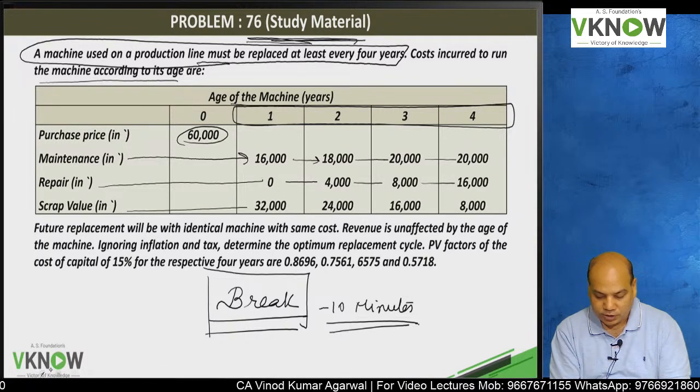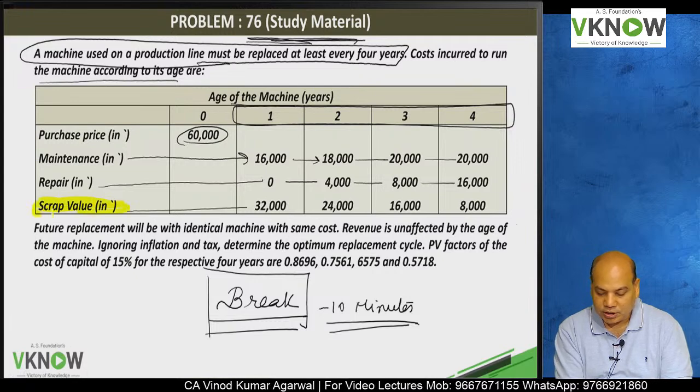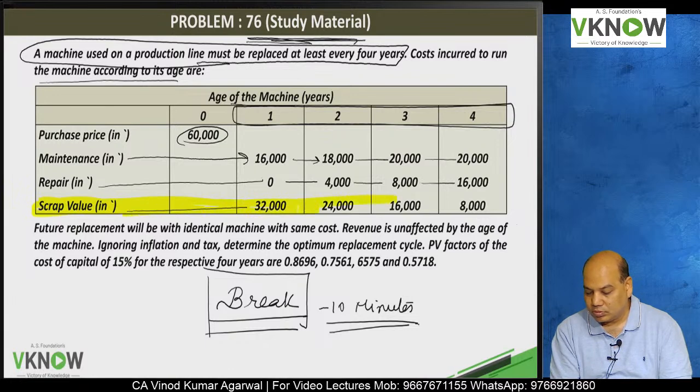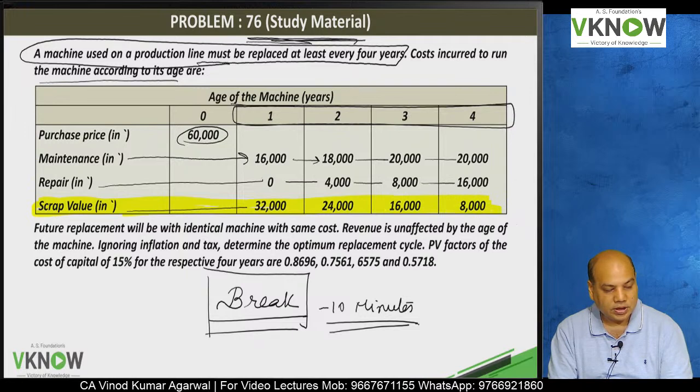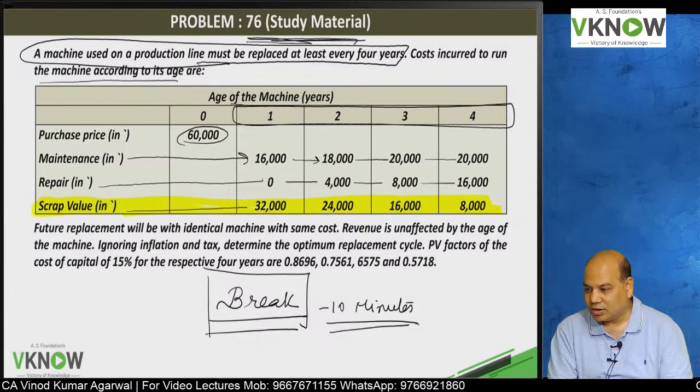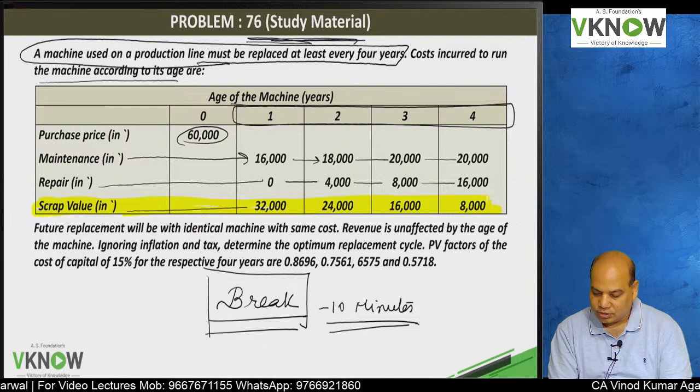Scrap value, if it is not printed in your book, then please write it, in rupees. First year if you sell it 32,000, second year 24,000, third year 16,000, fourth year 8,000 only. So scrap value is decreasing.